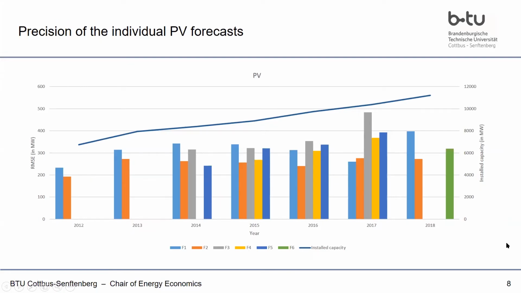Now we would like to have a look at the precision of the individual PV forecasts. On the left-hand side y-axis, we have the RMSE in megawatt, and on the right-hand side, we have installed capacity, also in megawatt. We can see here that the largest root mean squared error is observed for forecast 3 in 2017, the gray here.